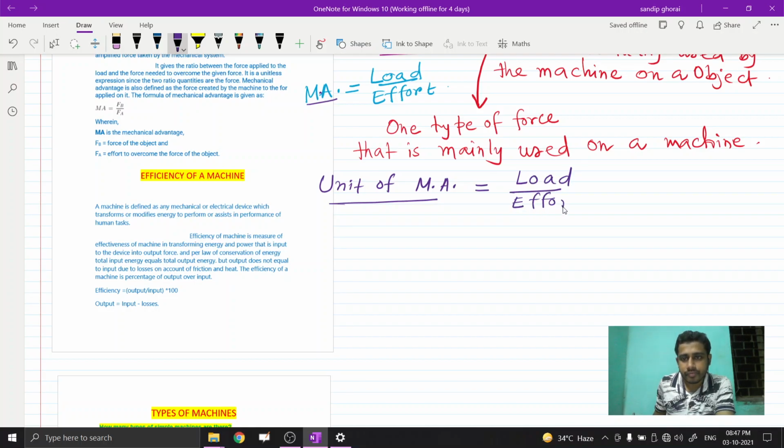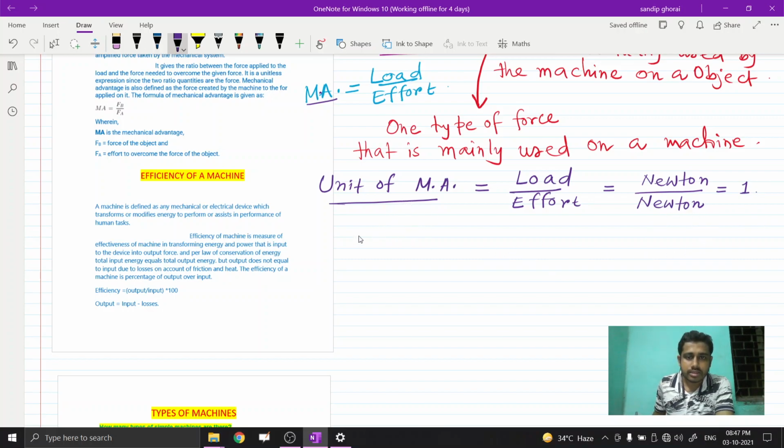So what is the unit of load? Load is force, so Newton upon effort. In the SI system, the unit of effort is also Newton, as it is force. So the unit of mechanical advantage is ultimately 1.